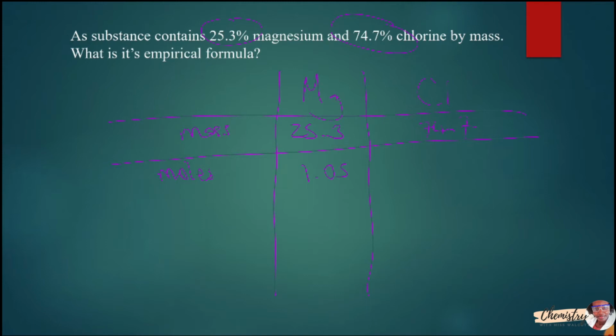Next, we would divide the mass of chlorine by its molar mass. The molar mass of chlorine is 35.5. If we divide 74.7 by 35.5, we get 2.10. Our next step is to determine the mole ratio.